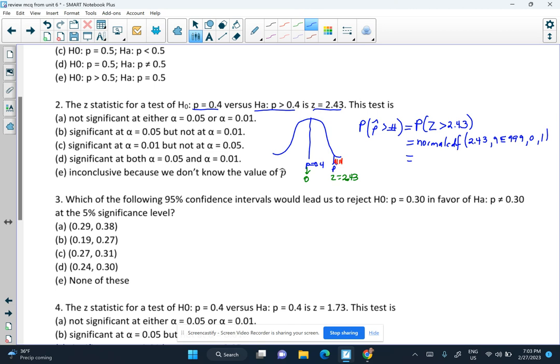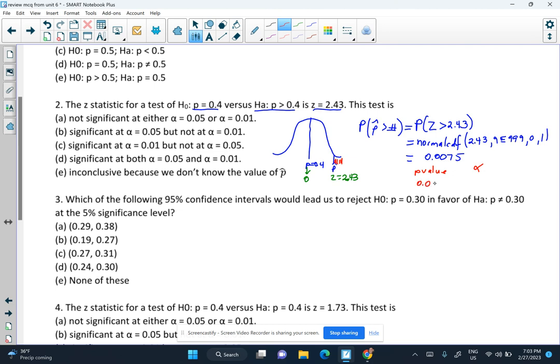And when you enter that value into the calculator, I got 0.0075. And so I'm going to compare that p-value to various alpha levels.